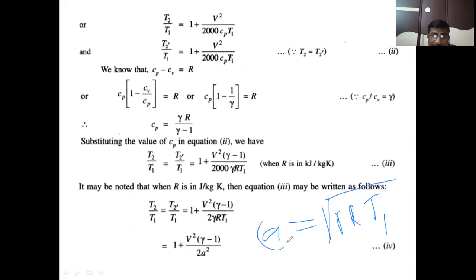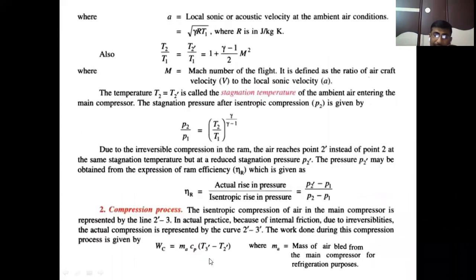A is the sonic velocity of air or aircraft. V is the air velocity which is entering into the aircraft. The ratio of actual velocity of air to the sonic velocity of air is called the Mach number. A is the local sonic or acoustic velocity at the ambient air condition, equal to the square root of gamma R T1, where R is in joules per kg Kelvin.